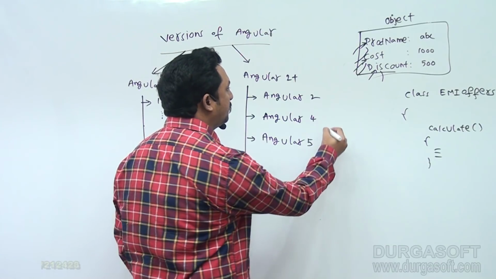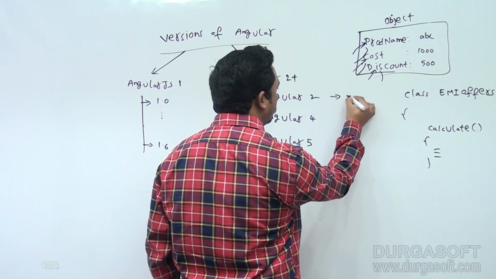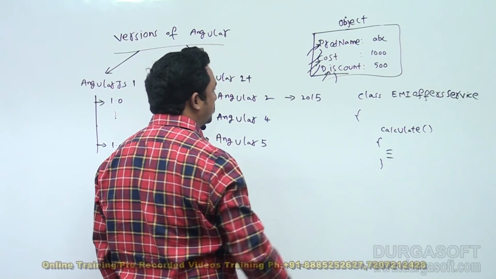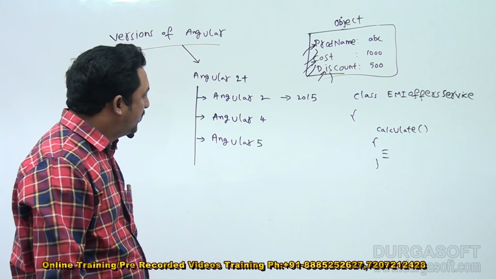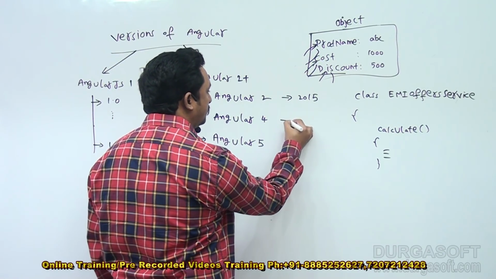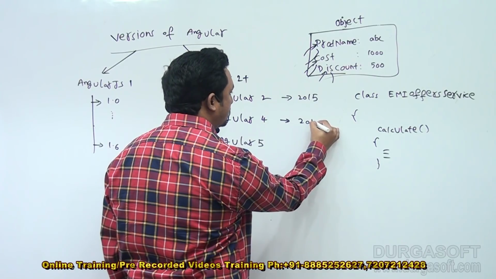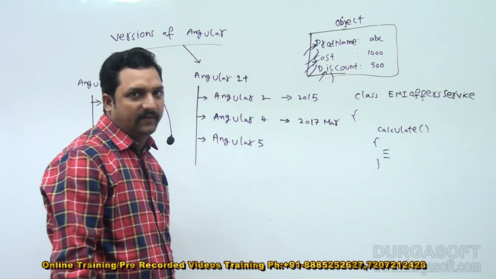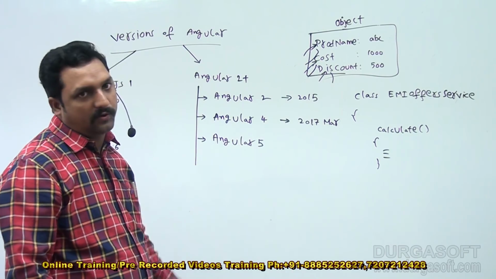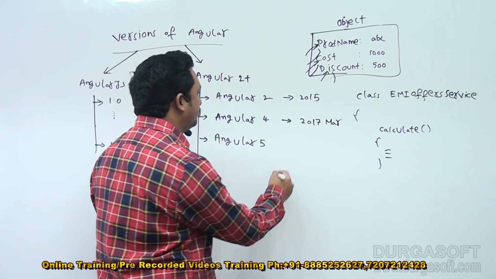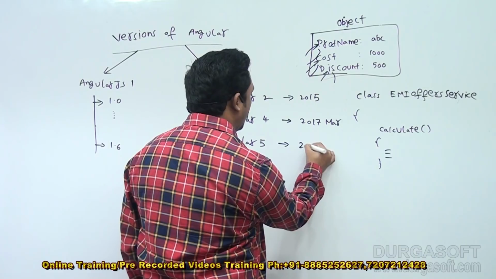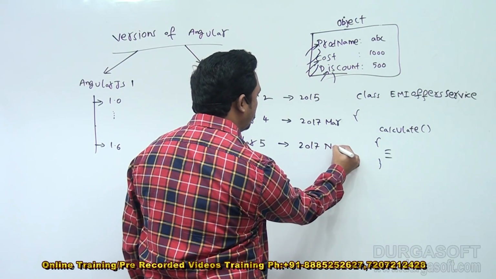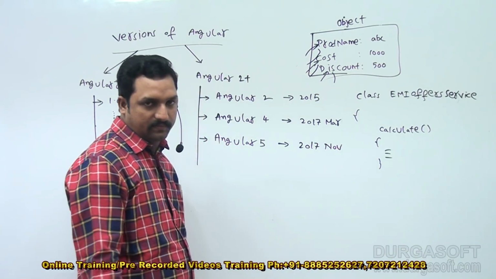In the year 2015, Angular 2 was released. In 2017 March, Angular 4 was released. And in 2017 November, Angular 5 was released.